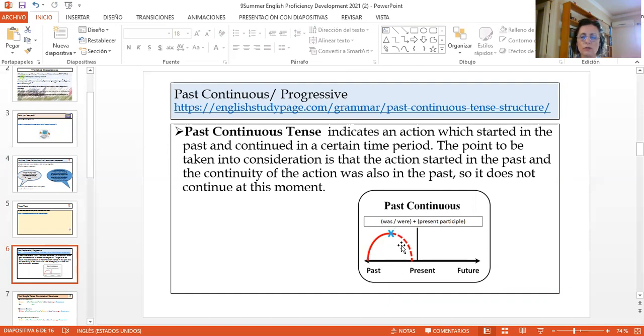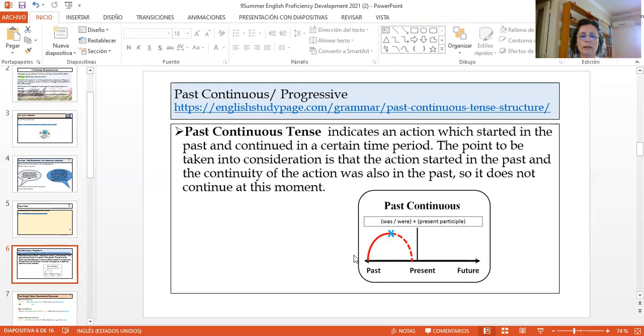So the past continuous is an action in the past for some time. So it happened at a certain time in the past, and it had continuity, yes?